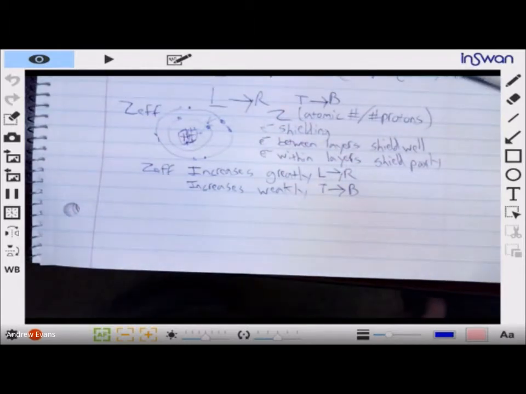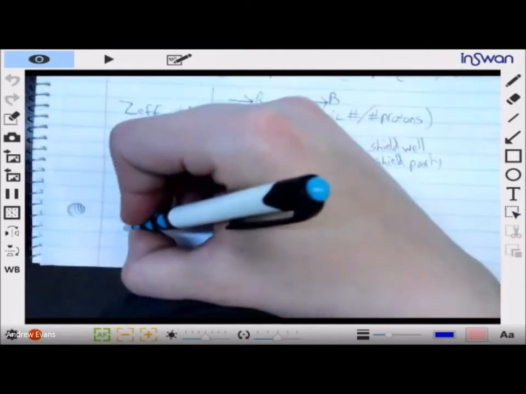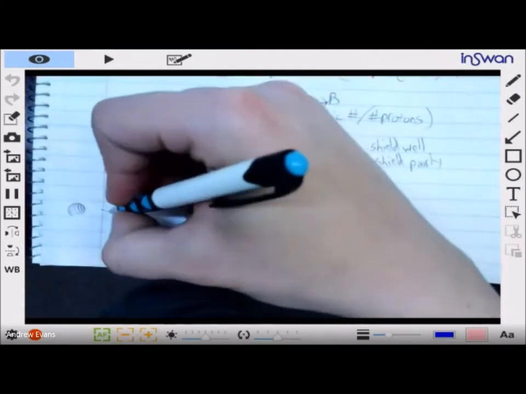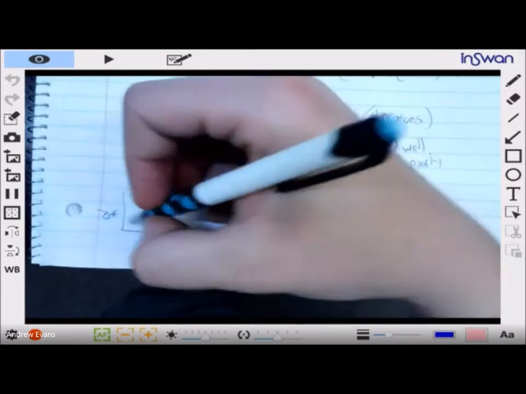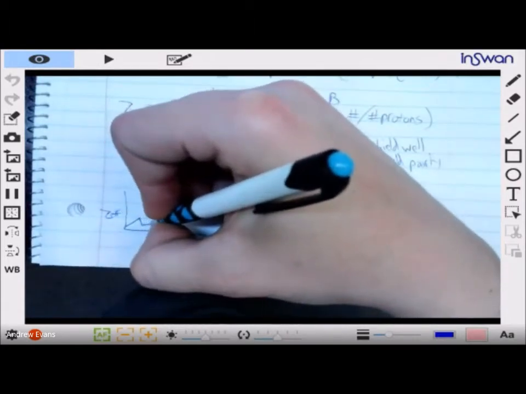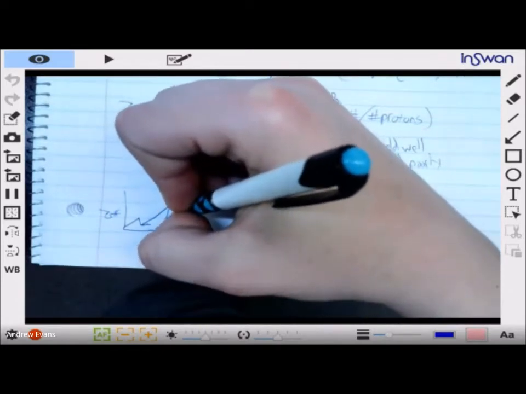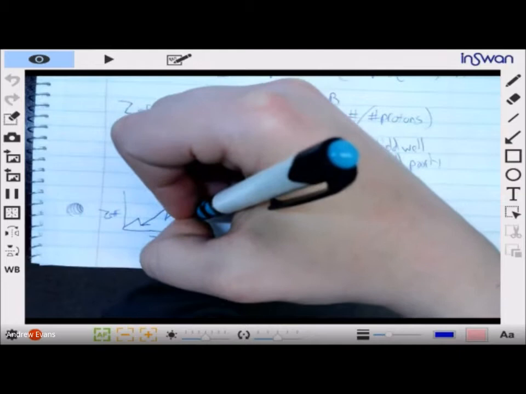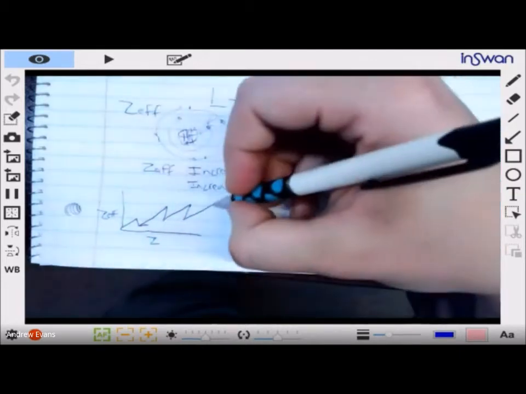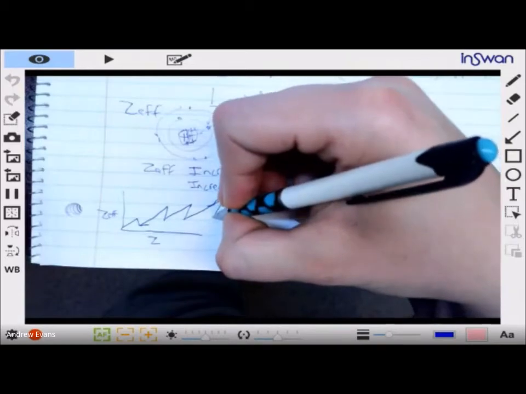not by very much. If you looked at a trend on a graph of Z effective versus Z, each time it's going a little bit higher, then it drops down, not quite to the same height.